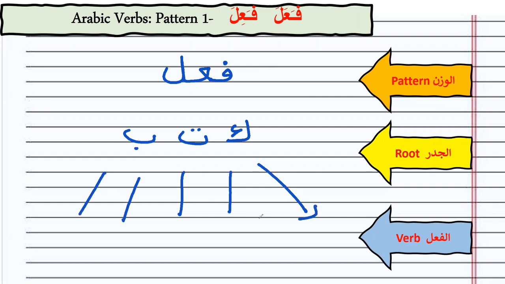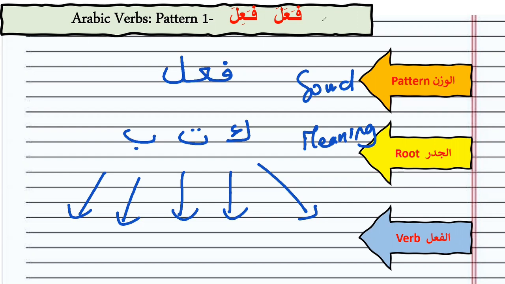So basically the root system introduces the meaning, as I was saying. The pattern introduces sound, but the verb, الفعل, introduces different actions or different contexts.